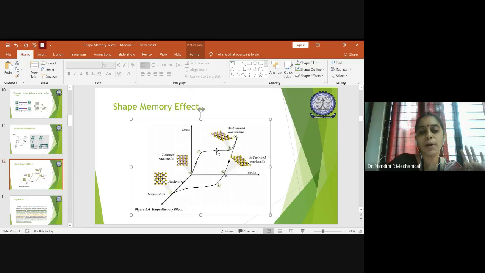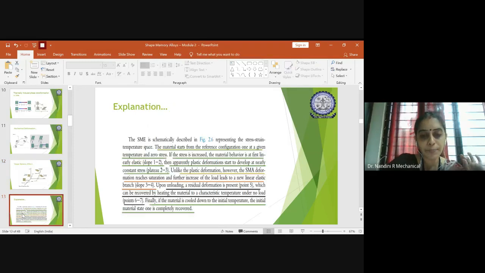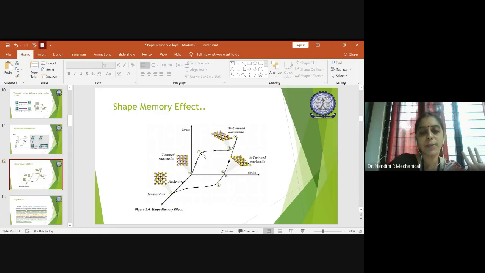So this transverse movement of the path will show you the amount of strain induced in the given shape memory alloy. So this shows the plastic deformation which starts to develop at constant stress. I told you the stress here will be constant because you are not applying any temperature. The stress will be constant, only the strain will be induced.